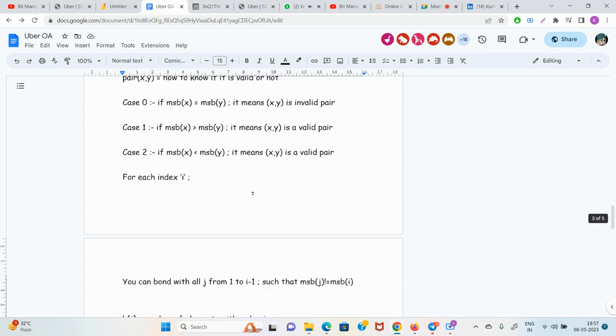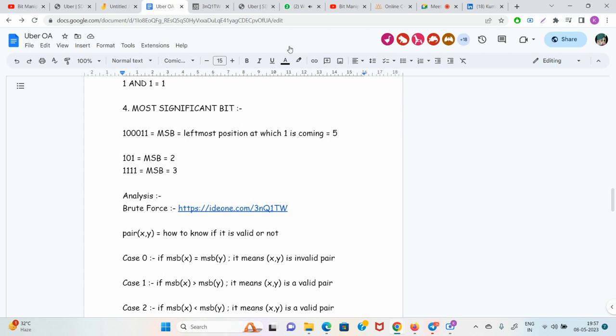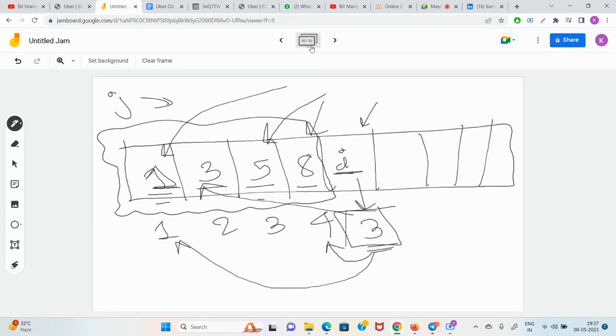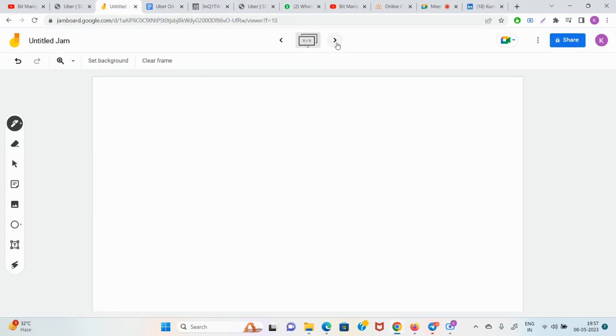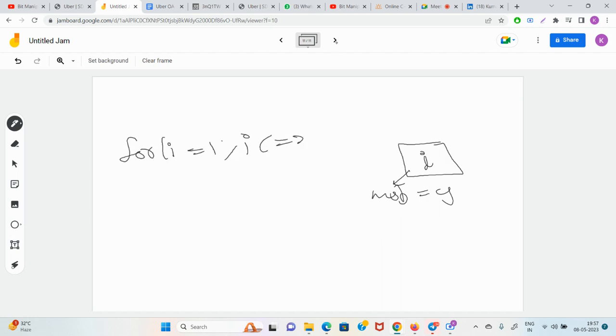I am calculating that. Okay, so now the last trick. Say you are at index I. What will you do when you are at index I? Calculate its MSB. Let's say its MSB is Y. Then run a for loop from 1 till 30 and count all the valid pairs.